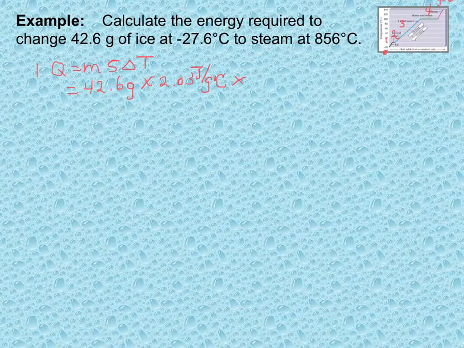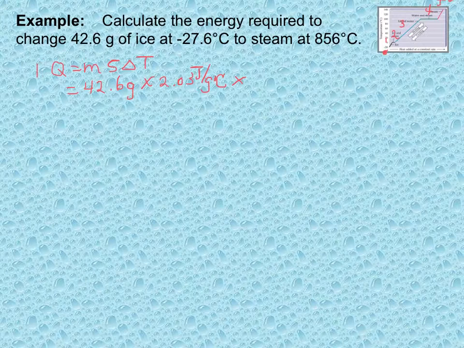So you have to be very careful to remember what physical state we're in here. We want to change this temperature from the given negative 27.6 degrees Celsius up to 0. So that is a change. Remember, we want final temperature 0 minus negative 27.6.